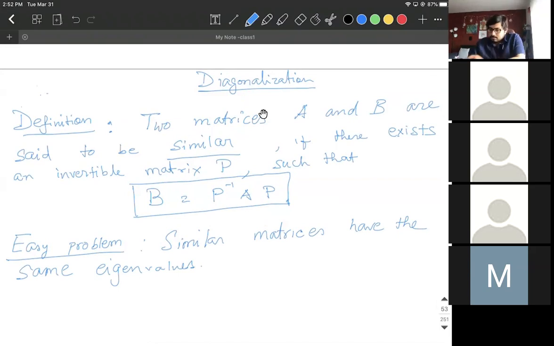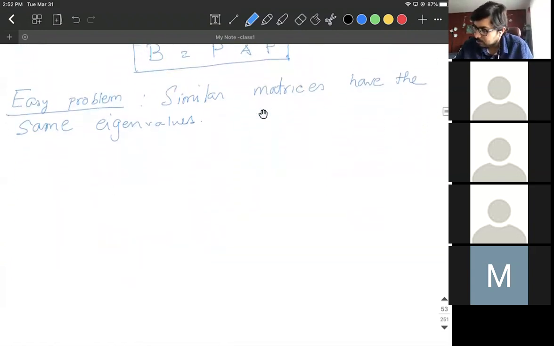That's the crucial point. If you know that two matrices are similar and one matrix is simple enough to work with, then knowing the eigenvalues of that matrix gives you the eigenvalues of the other matrix. So you don't need to do separate computations. Let's see why that is true.